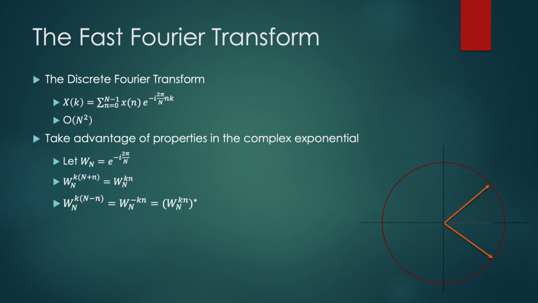If the exponent is something like n, then the complex conjugate of it is capital N minus n. And so the result of that is if you have W_N to the k times (capital N minus n), you can factor out the capital N term, and what you're left with is W_N to the minus kn. And as we know, that's the complex conjugate of W_N to the kn.